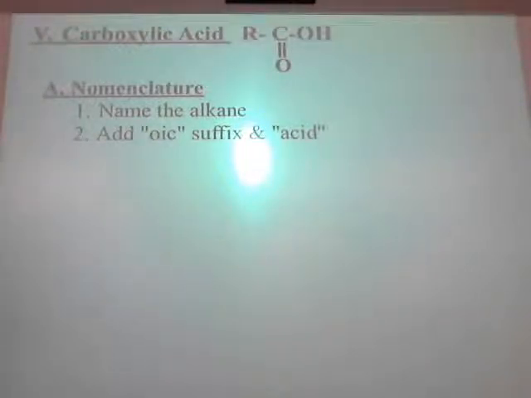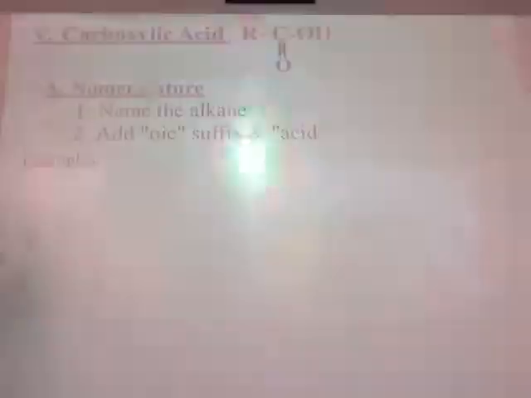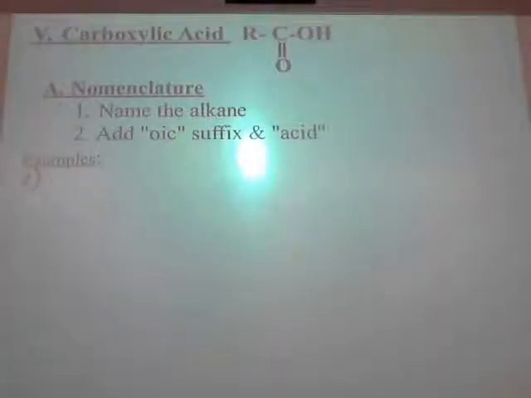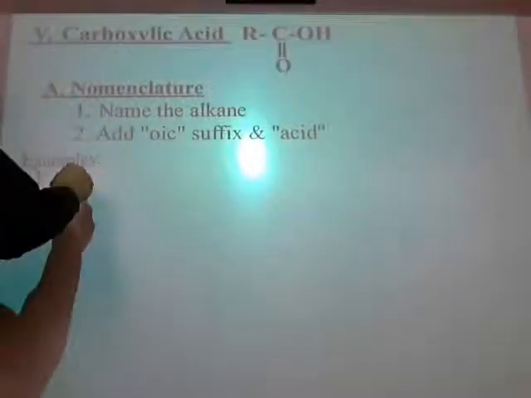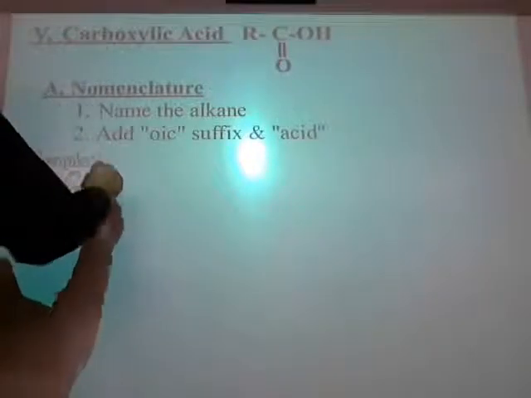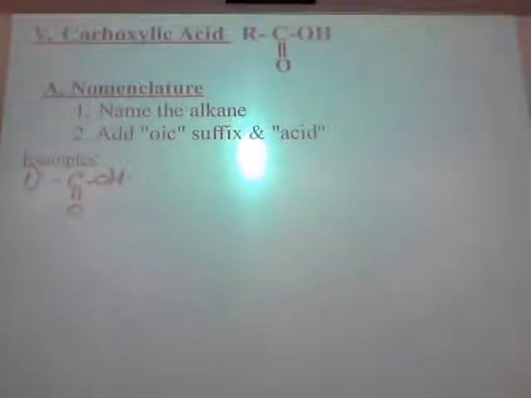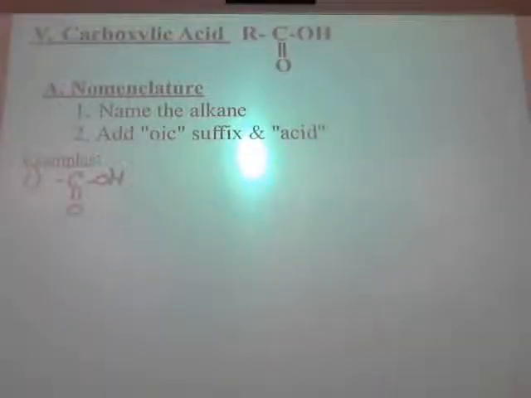So, for example, let's do the easiest one. What would be the smallest acid you could have? I believe I have these numbered like 1, 2, and 3 on your paper, right? Yes. So what would this guy be? What would his name be? One carbon long.